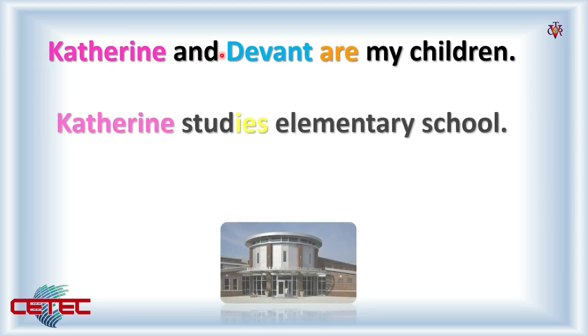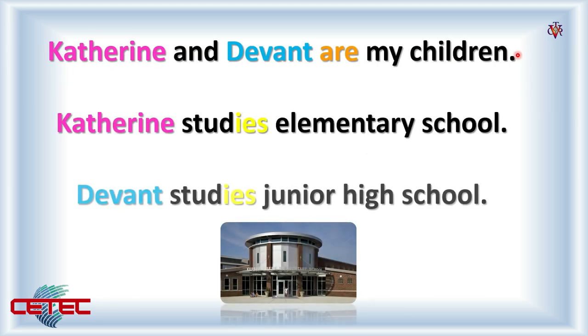Catherine and Devant are my children. Catherine studies elementary school. Devant studies junior high school. Now, here, a girl, a man. In this example, we are talking about two people, plural, are, children, plural.